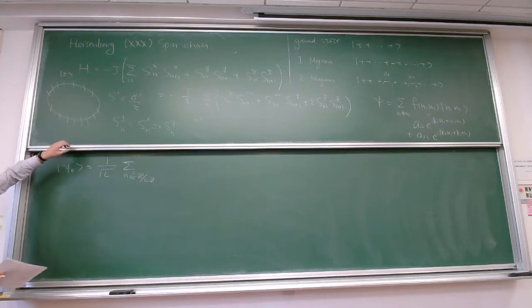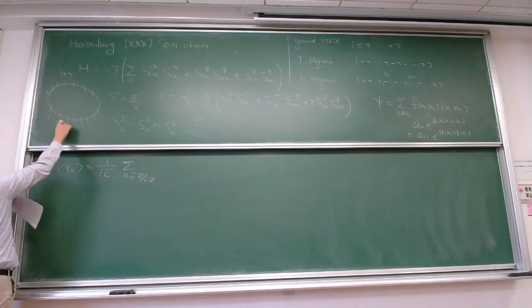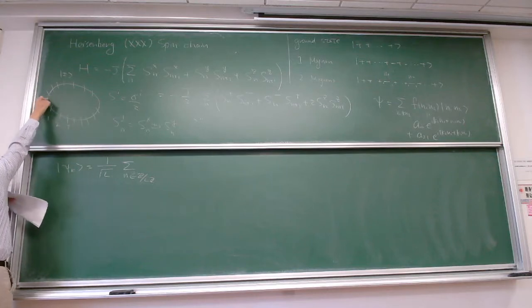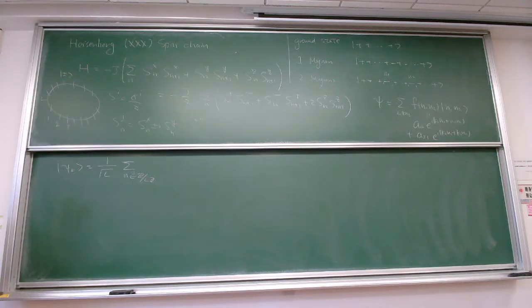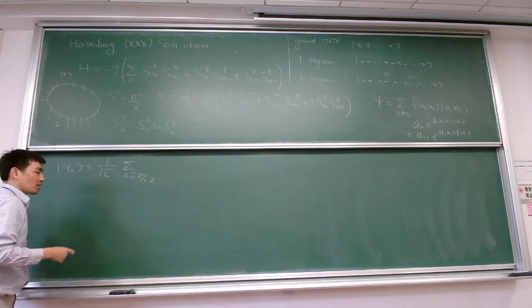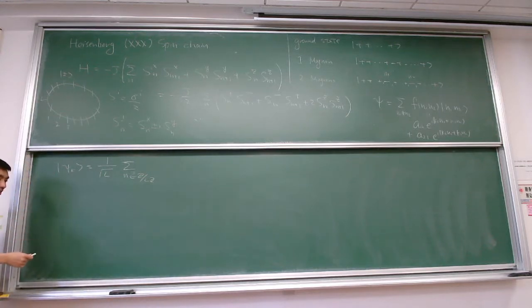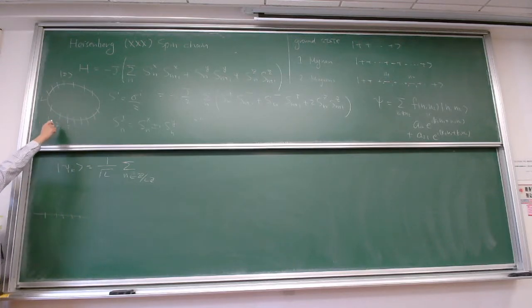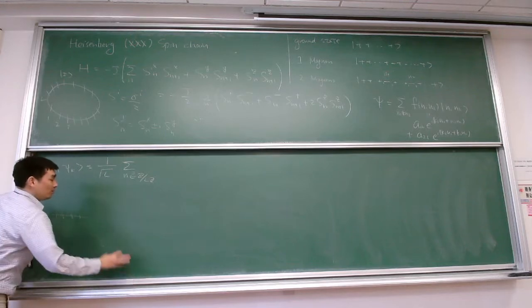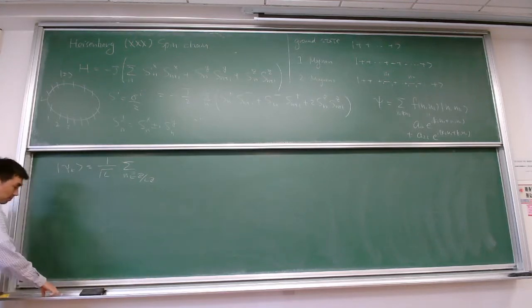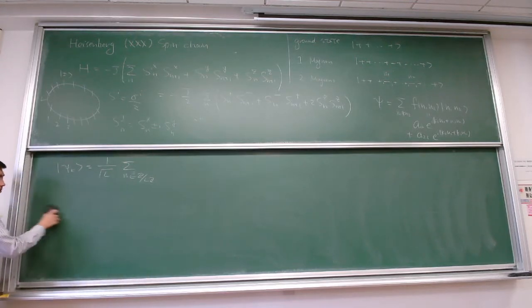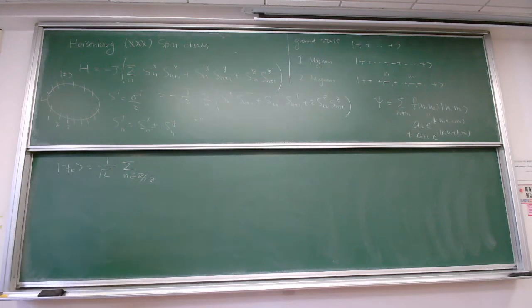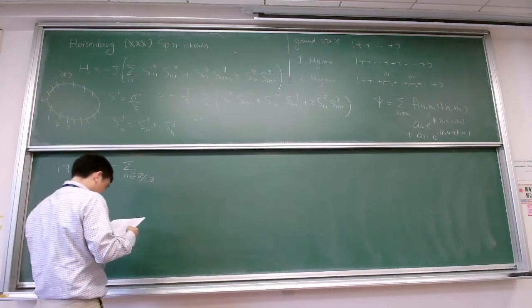L is a site, so 1, 2, 3, up to L. So Z over LZ is just periodic. It becomes periodic. Do you understand? You have an integer, but if you quotient by LZ, it just becomes like this. Good.